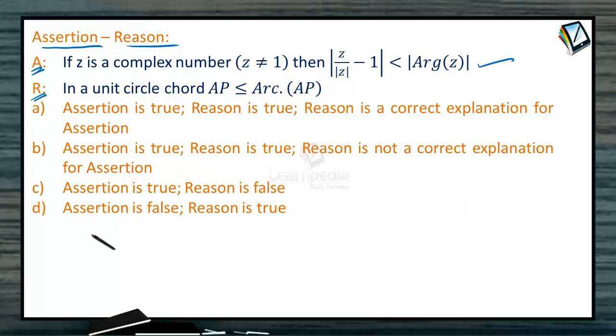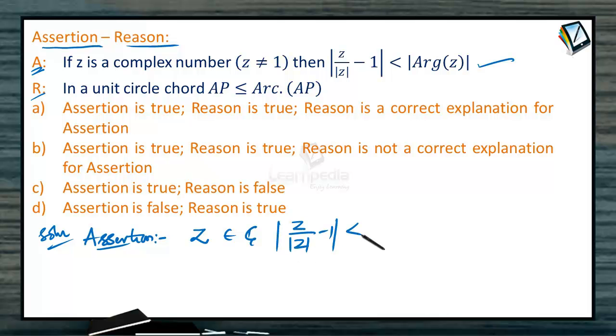To find this out, let us work out the diagrammatic explanation for this question. In the assertion, z is a complex number, and z by mod z minus 1 is less than the argument of z. For our sake, let us take z as x plus iy, then obviously mod z equals root over x square plus y square.